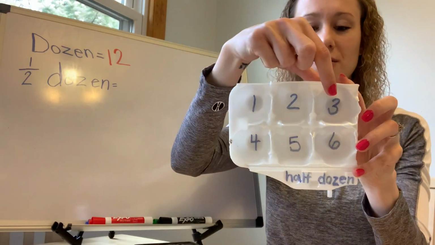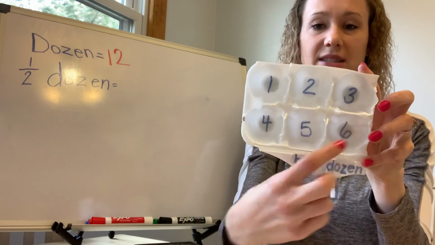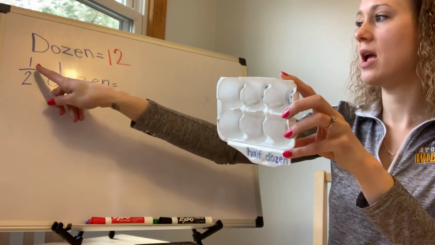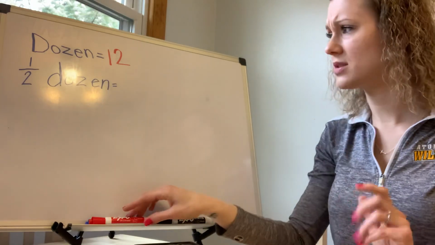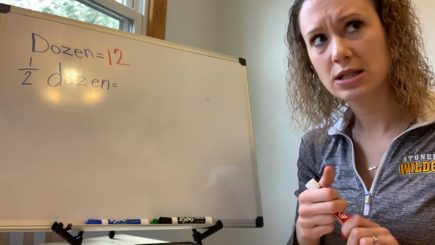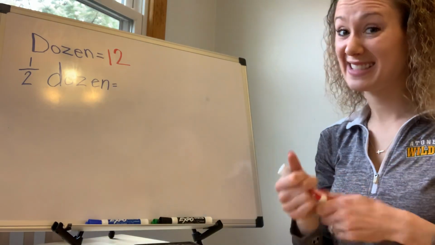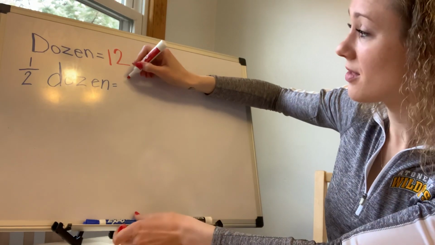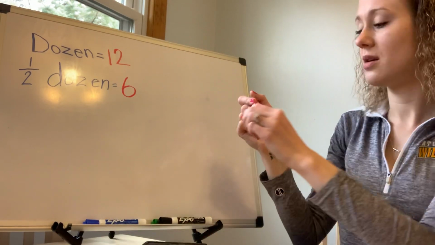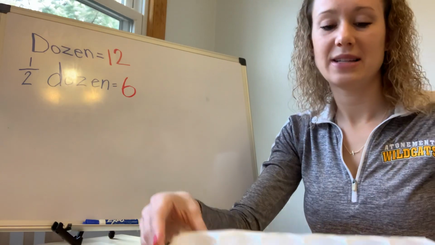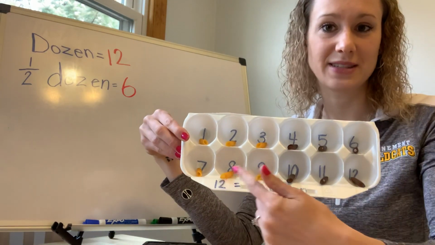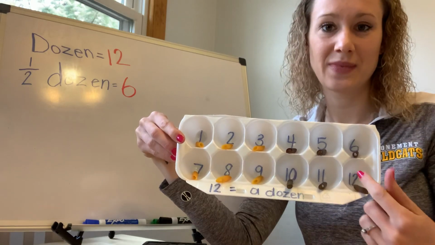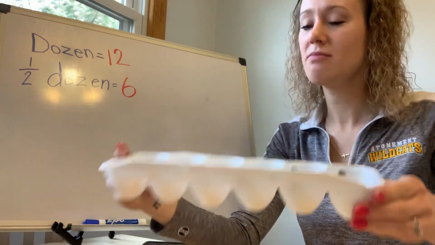So I'm gonna write that up here. I wrote 1 half dozen. So how many eggs are in a half dozen? 6, because of the line of symmetry down the middle, cutting my dozen right in half. I have 6 yellow and 6 purple.